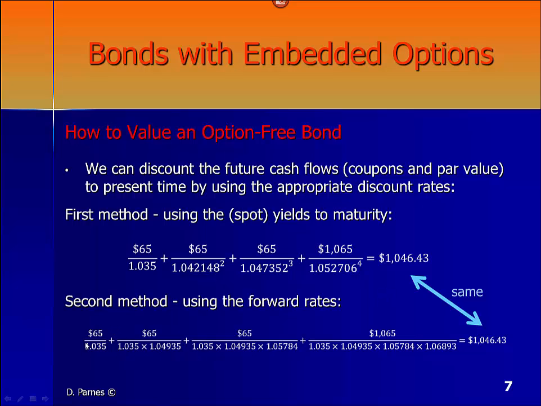The second method will be to discount each and every cash flow using the forward rates. So the forward rates are quoted below in the denominator. Take a look at that. $65 first coupon, we're discounting it by 1 plus the forward rate, 1.035. Second coupon, $65, we're discounting it first by 1 year backward, so we're dividing it by 1 plus the forward rate for 1 year.